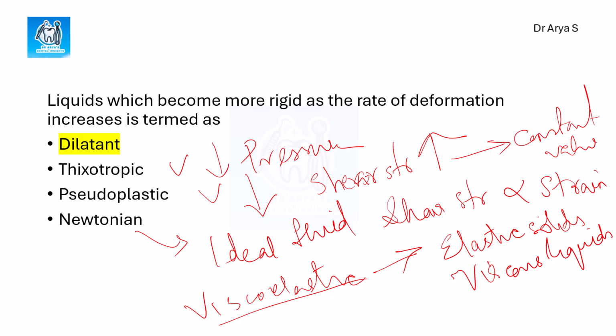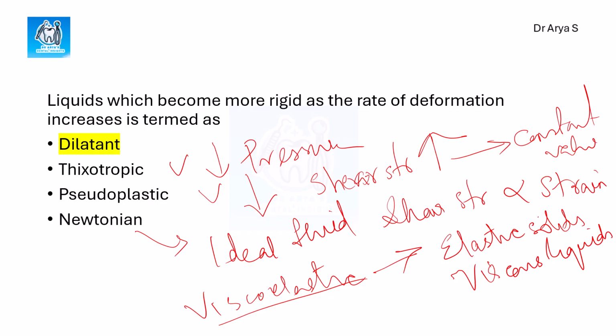That is viscoelastic. So dilatant fluid is where the viscosity of the liquid increases with increase of shear stress, or as the rate of deformation increases, liquids become more rigid. Thixotropic means viscosity of fluid decreases under pressure. Pseudoplastic means viscosity decreases with increase in shear stress until they reach a constant value.